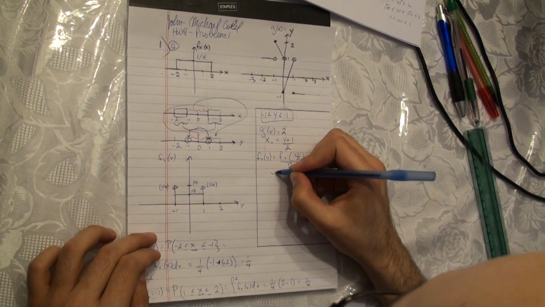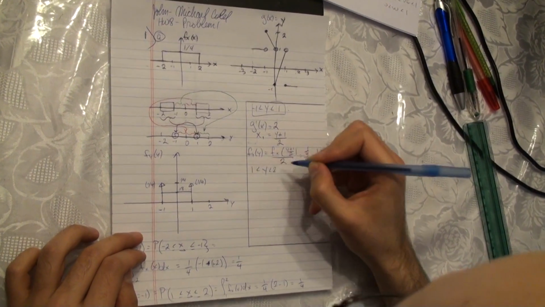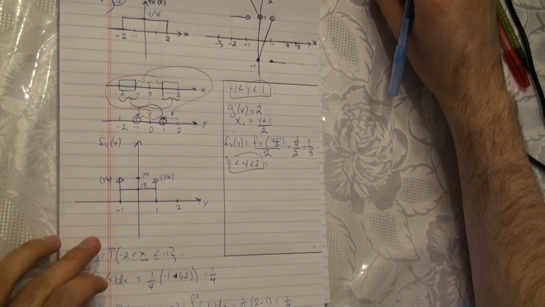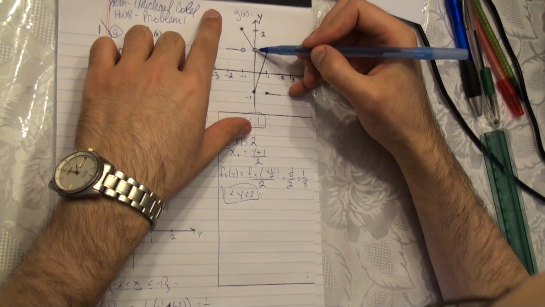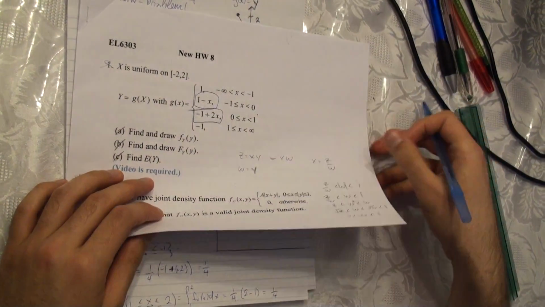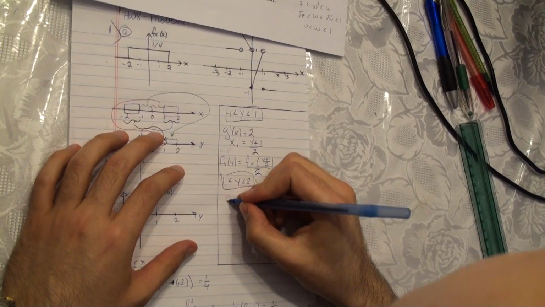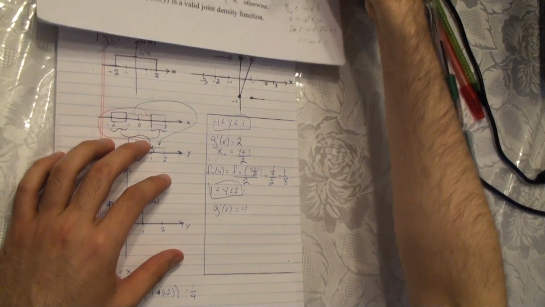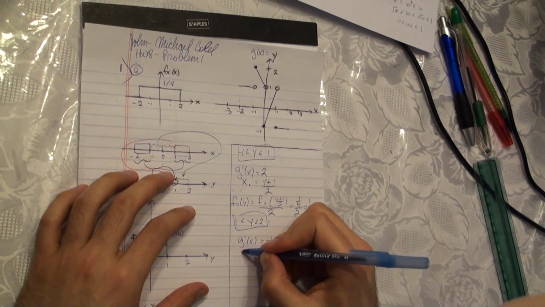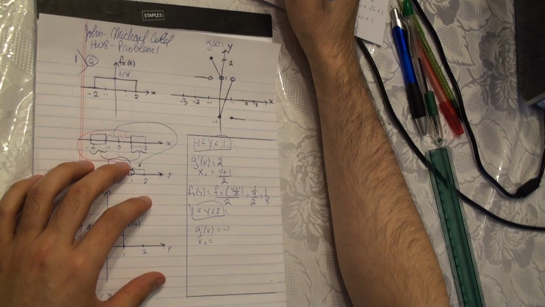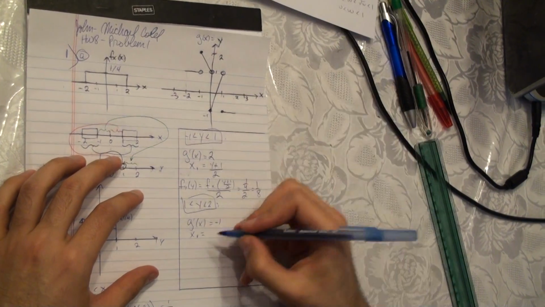Now we consider the region y between 1 and 2. So y between 1 and 2 corresponds to x between -1 and 0. So that's this function. G prime of this is just going to be -1. X1 is going to be minus y plus 1.